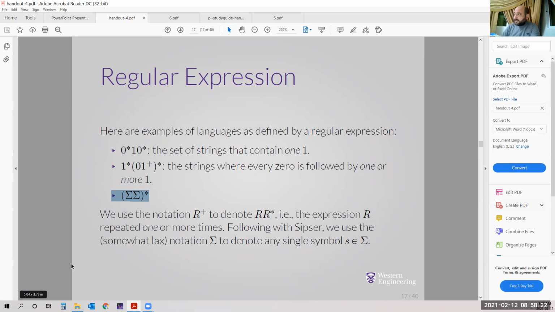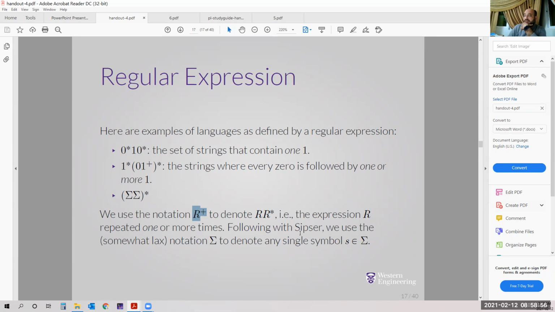So let me write this one. Handout 4, slide 17. We use the notation R plus to denote R R star, the expression R repeated 1 or more times.